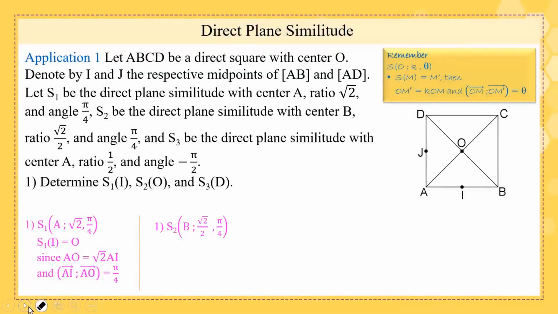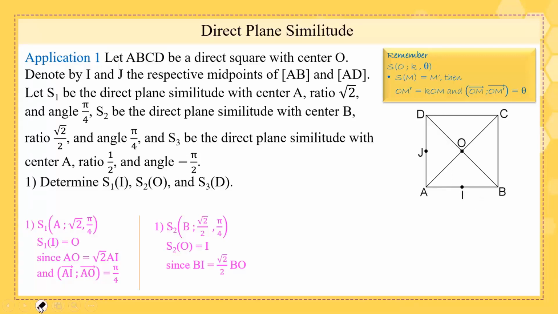First, S2 is of center B, ratio radical 2 over 2, and angle pi over 4. In the same way, you must find a point O prime such that BO prime equals radical 2 over 2 BO, and the angle between BO and BO prime equals pi over 4. If you search here in the figure for this point, it seems that it will be I. So S2 of O equals I, because BI equals radical 2 over 2 BO.